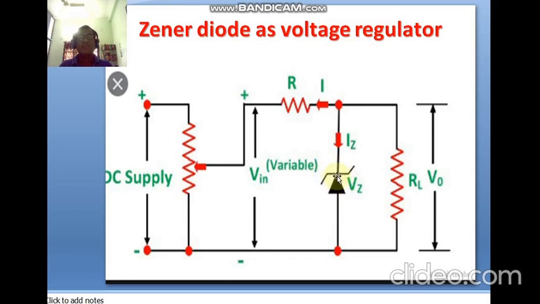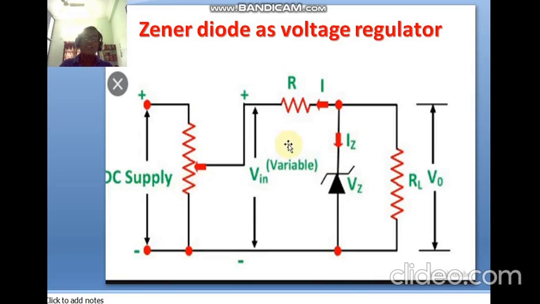The negative terminal of the battery is connected to the N type semiconductor material, in series with a resistance, an ammeter and a multimeter. The positive terminal is connected to the negative, therefore it is reverse bias. In this case the Zener diode is connected in reverse bias and the DC supply is supplied.